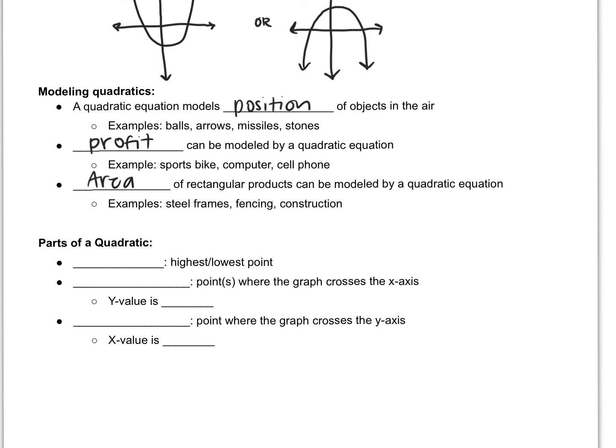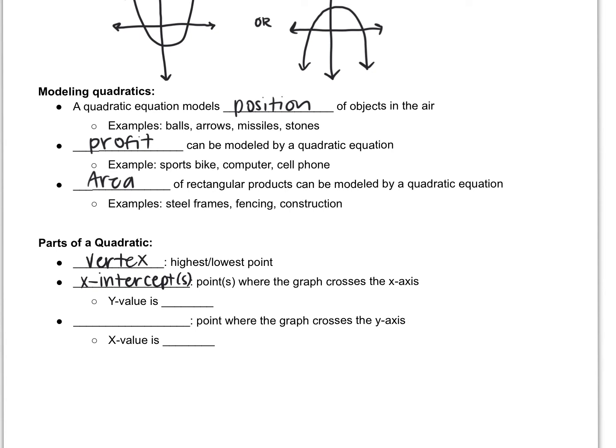So there are some key points of the parts of a quadratic that I wanted to review. There's the vertex, which depending on which direction your quadratic opens is the highest or lowest point. You have your x-intercept or intercepts, because there can be 1 or 2 or 0, which are the points where the graph crosses the x-axis.